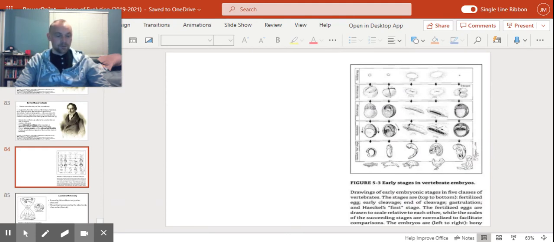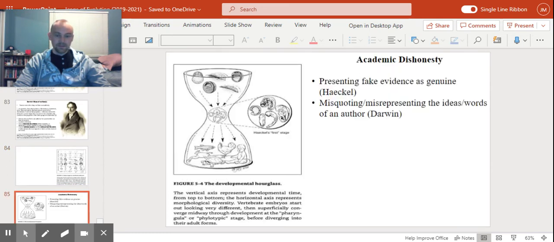So here are the early stages in vertebrate embryos. They're pretty distinct. And we can see that this is a case of academic dishonesty: Haeckel presenting fake evidence as genuine, and then Darwin misquoting and misrepresenting the ideas and words of von Baer.